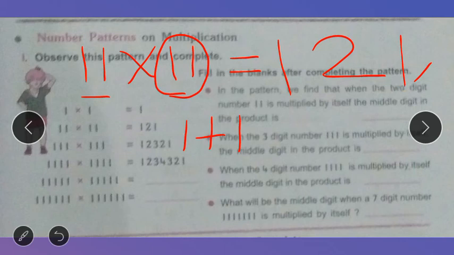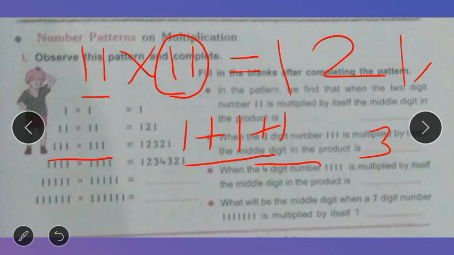Now see, if the 3-digit number 111 is multiplied by itself, what is the middle digit in the product? If you add 1 three times, 1 plus 1 plus 1, the result is 3.